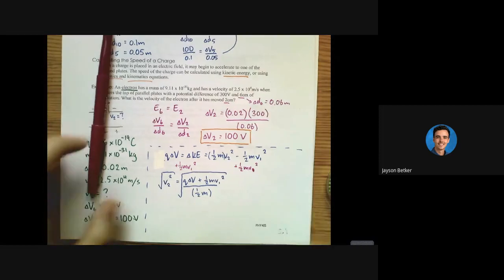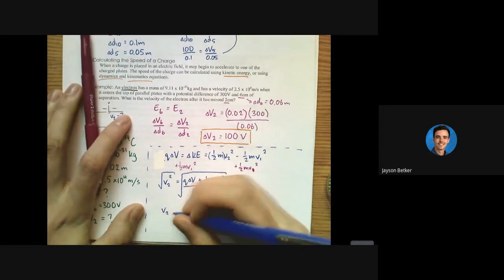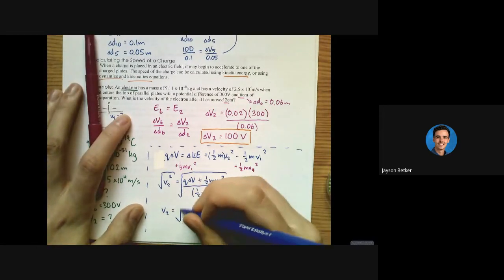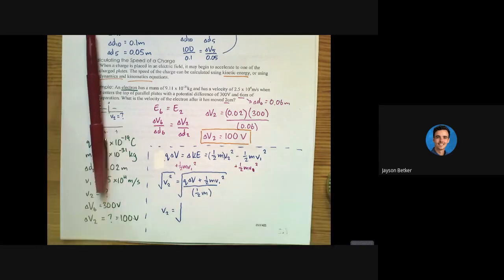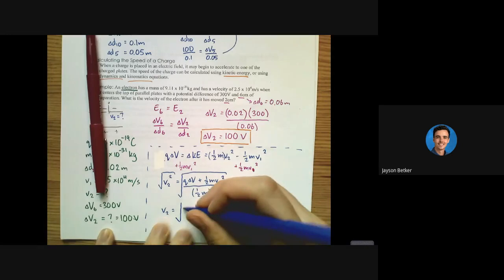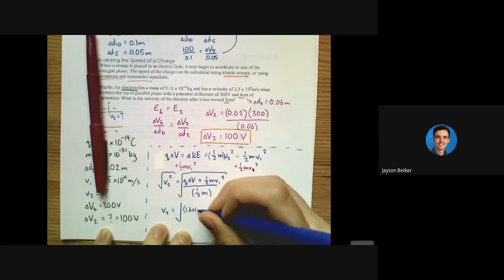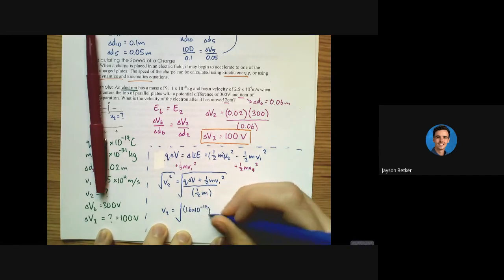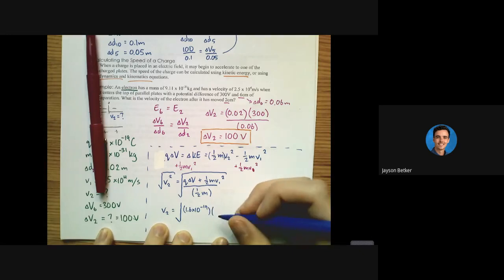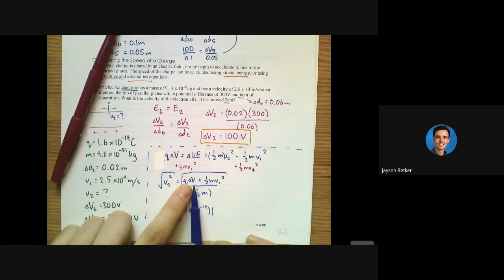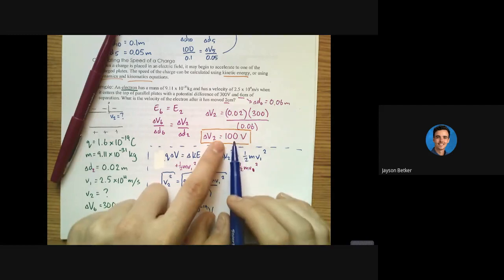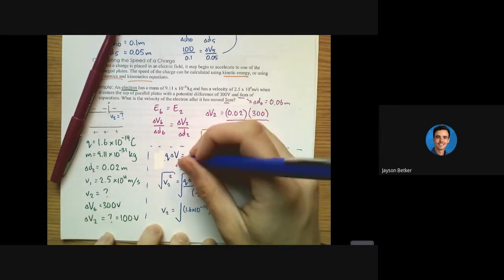Okay, so V2 is equal to the square root of, we're going to have to keep our writing relatively small here. We might run out of room. 1.6 times 10 to the negative 19. That's our charge. Our potential difference is 100 because it's for 2, it's V2.